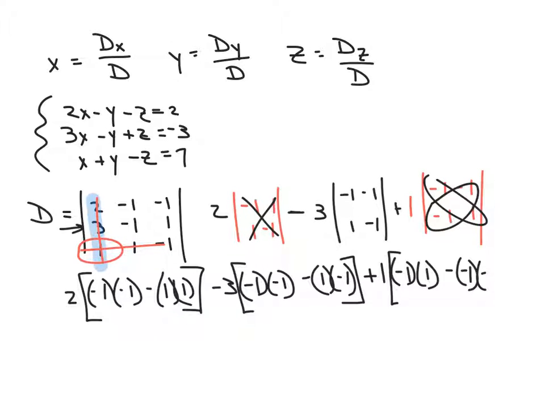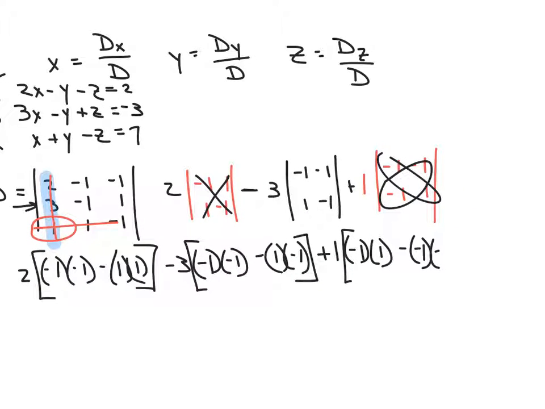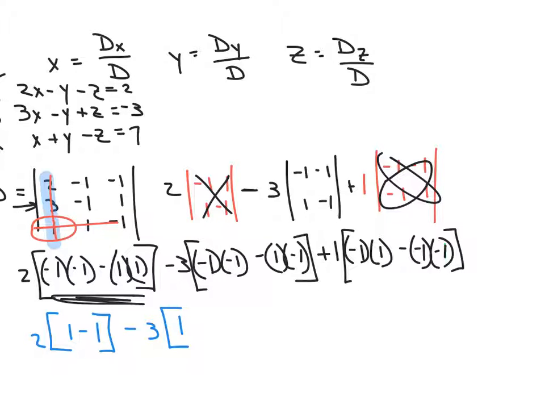Move this over a little bit. Okay, do what's in here. Let me go with blue here. 2 times 1 minus 1, minus 3 times 1 plus 1, plus 1 times negative 1 minus 1.